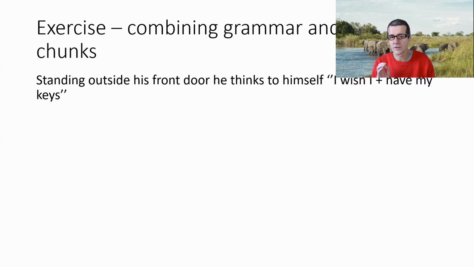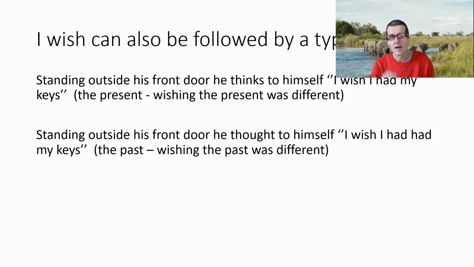Standing outside his front door, he thinks to himself, I wish I plus have my keys. Standing outside his front door, he thinks to himself, I wish I had my keys. I wish can also be combined with a type 3. So we got one that's for the present, one for the past.